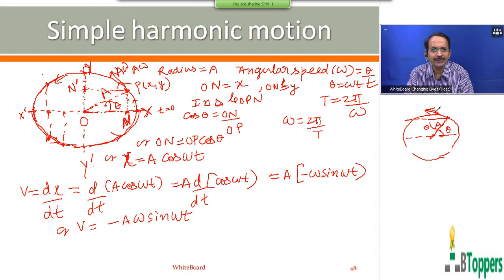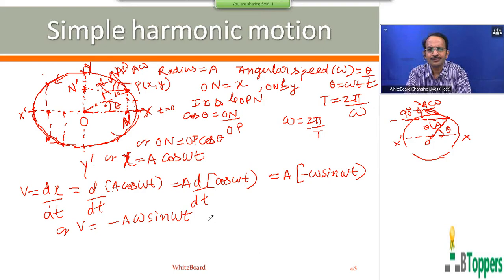So the velocity of the particle moving in the circular path has magnitude a omega, which is along the tangent to the circular path. That makes an angle 90 minus theta with the line parallel to the diameter x dash x. This angle is theta again.